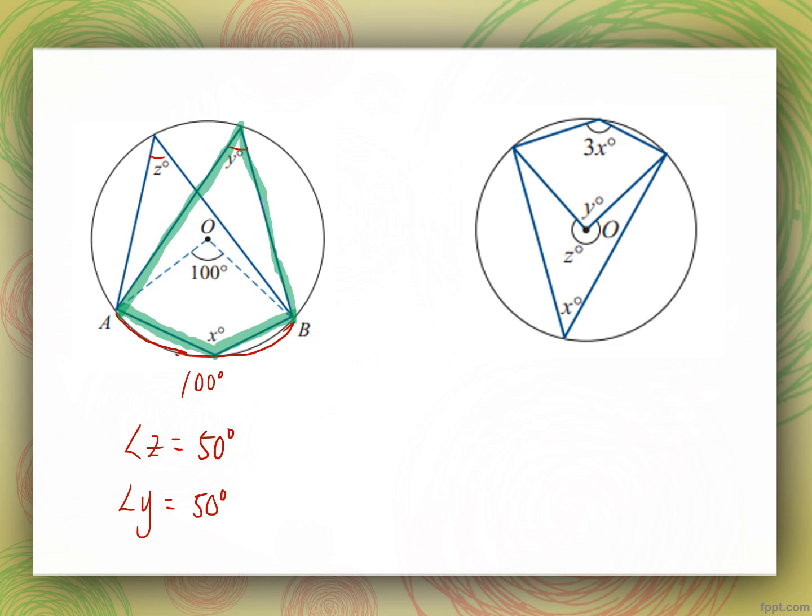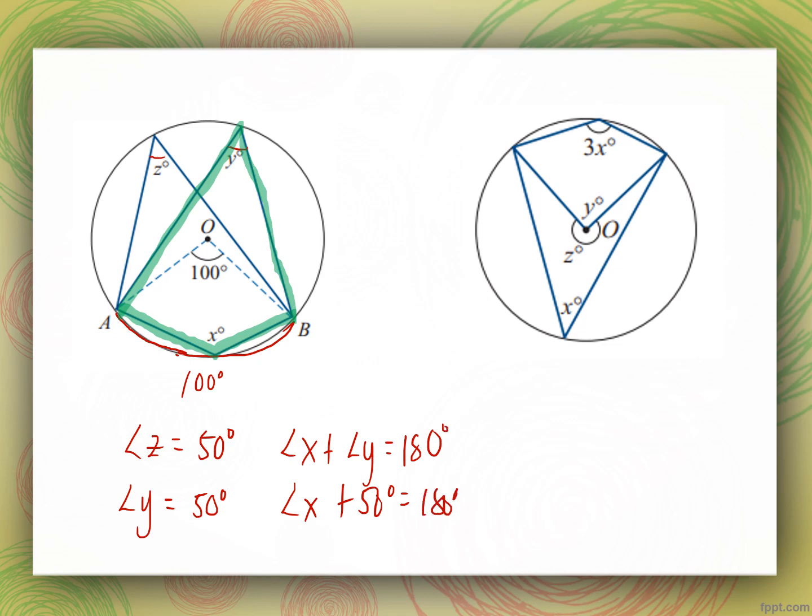Opposite angle X is angle Y, and we already got the measure of angle Y, which is 50 degrees. So they are supplementary. It means that angle X plus angle Y is equal to 180 degrees, and we know that angle Y is 50 degrees.